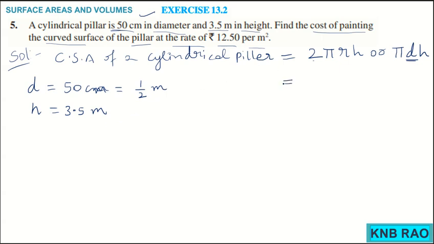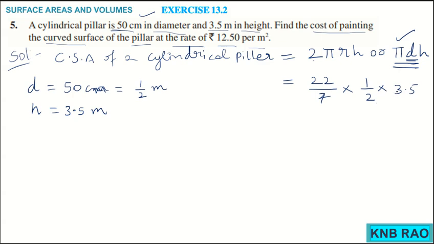So I am using the pi d h formula: pi which is 22 by 7, d which is half meter, h which is 3.5 meter.